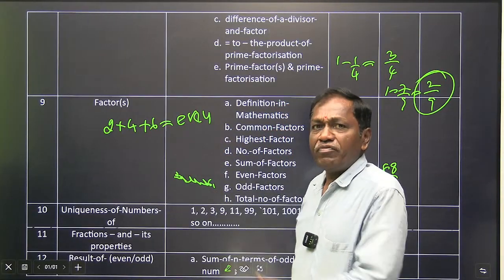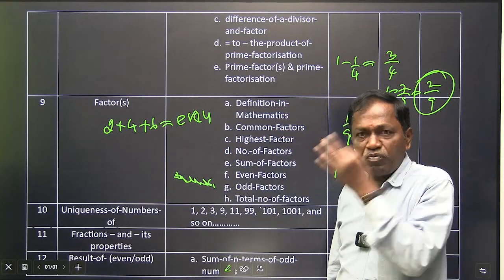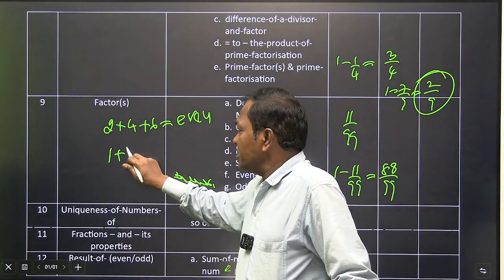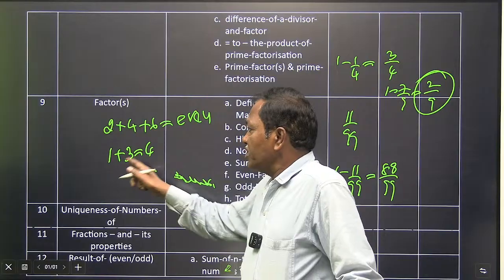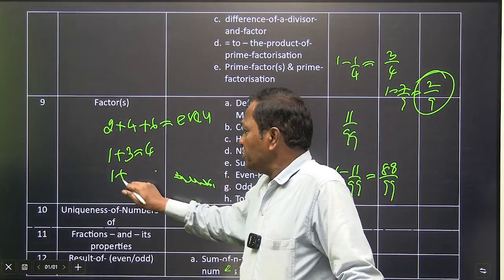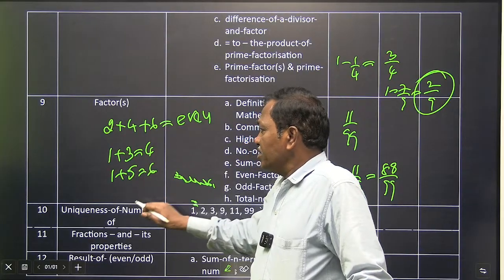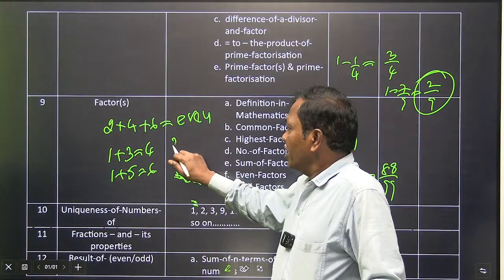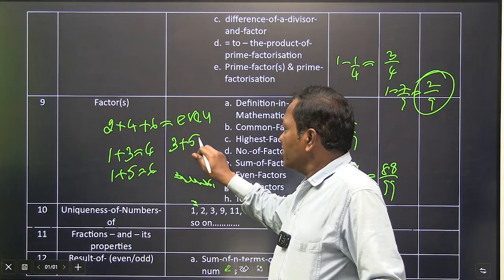Sum of n even numbers is always even. These are properties. And again, odd numbers: let us take 1 plus 3 is 4. Sum of 2 odd numbers is always an even number. And 1 plus 5, 6. Sum of 2 odd numbers equals an even number. 3 plus 5, 8.